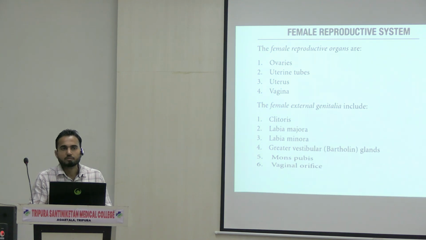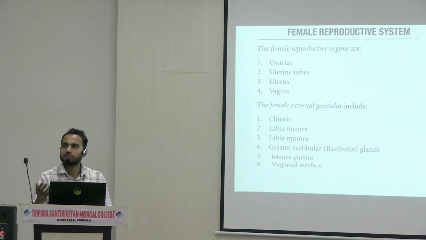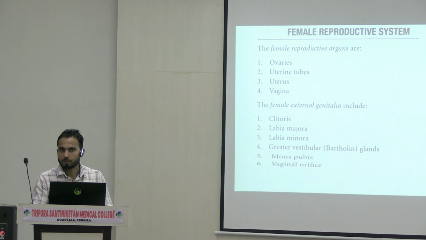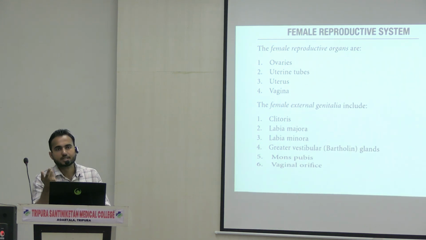So after that, what can be seen? Whenever you are studying the histology of any structure, please correlate accordingly. That means, what will be the function of that structure? What could be the function of the ovary? Those things will be present inside the ovary whenever the sections are taken.